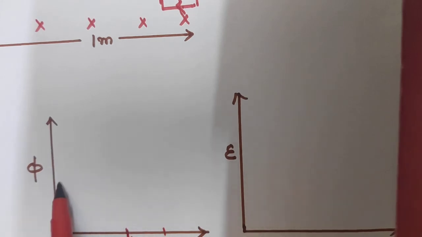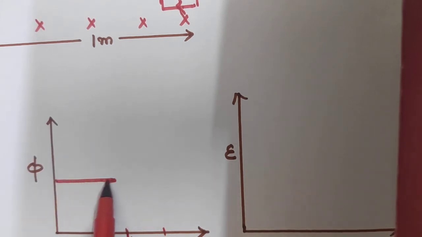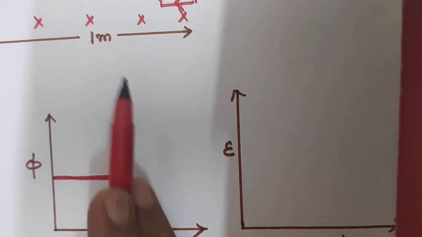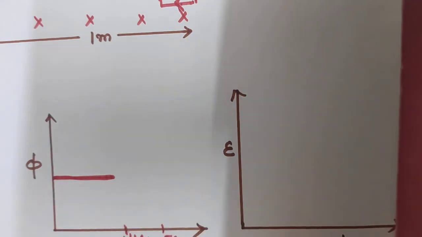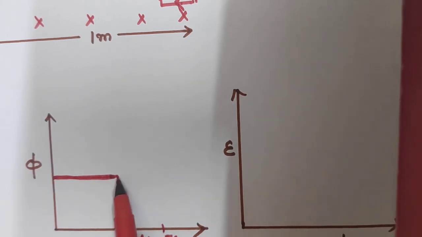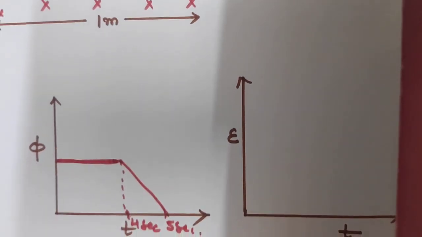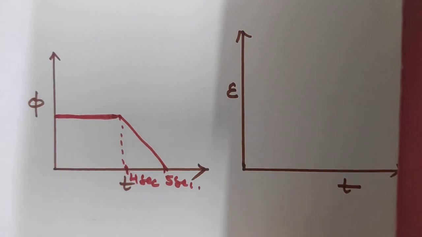Up to 4 seconds the flux is constant, and it has some value. For the next 1 second the flux will decrease at a constant rate because the loop is coming out of the magnetic field. Therefore this will be the graph between flux and time.